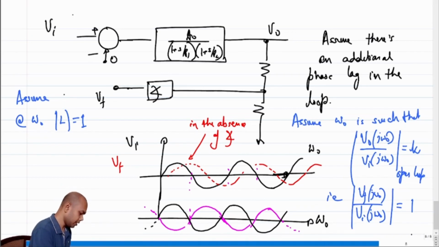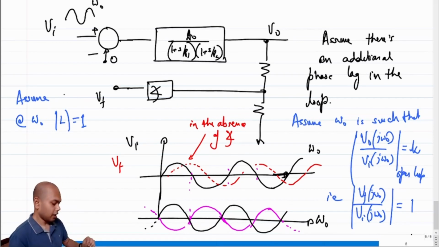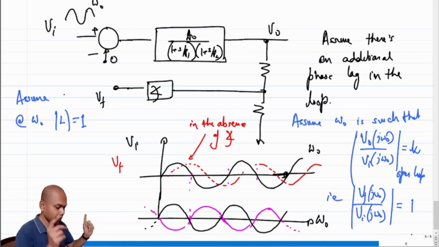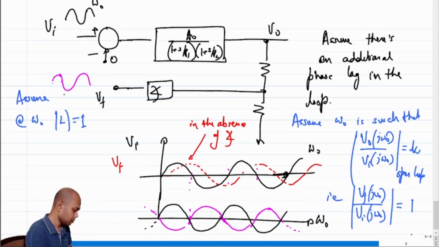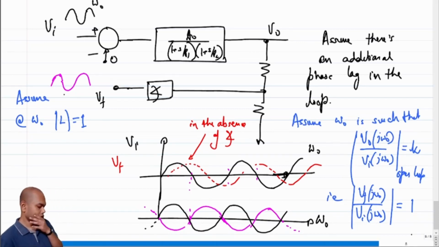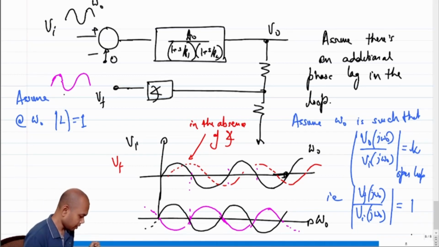Here I have some sinusoid of some frequency omega naught. At Vf, I get the same sinusoid, but with inverted polarity. We have 180-degree phase shift, gain of 1. So essentially we get the same sinusoid with the inverted polarity.